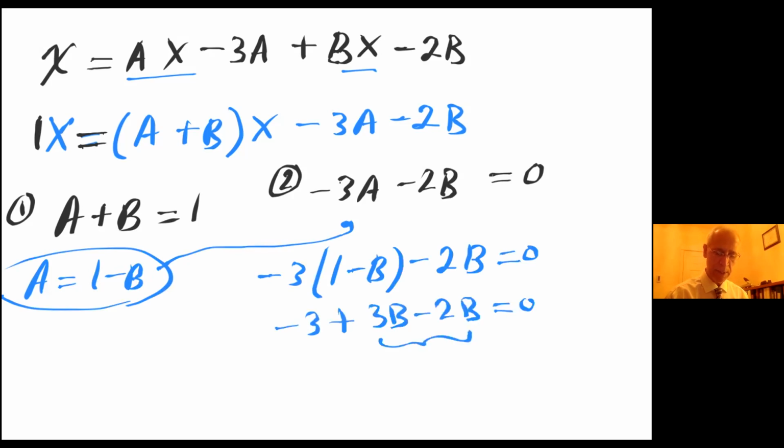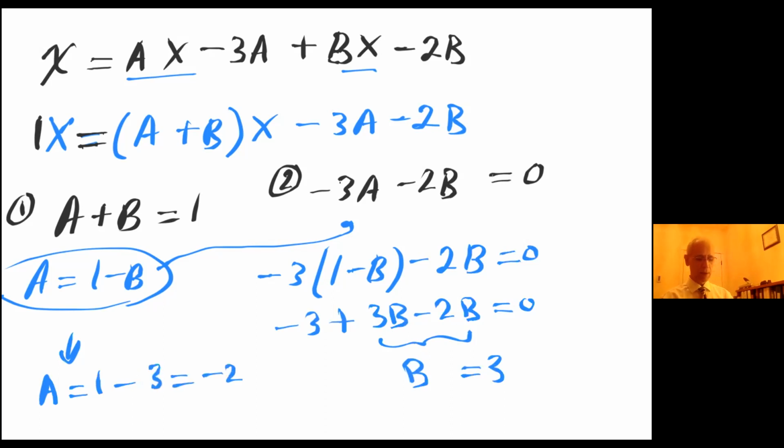That is just b, and adding 3 to both sides, I get b equals 3. And if b equals 3, now I know a equals 1 minus b, which is 1 minus 3, so that equals negative 2.